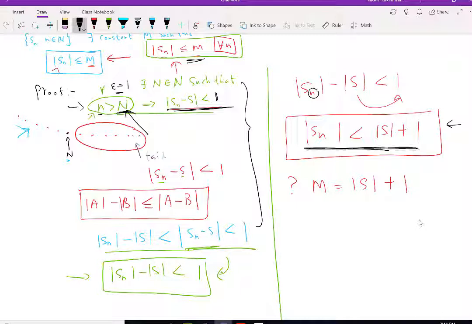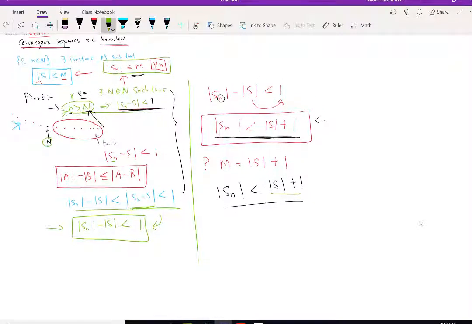So this particular inequality, absolute value of Sn less than absolute value of S plus 1, holds only for the terms in the tail of the sequence. Every term that comes after capital N is definitely less than absolute value of S plus 1.